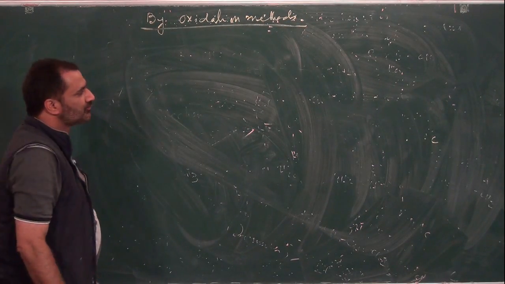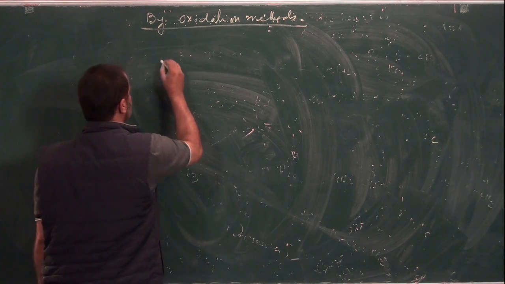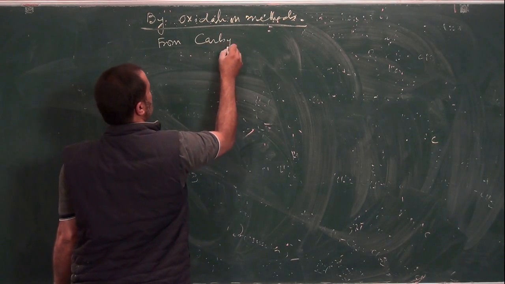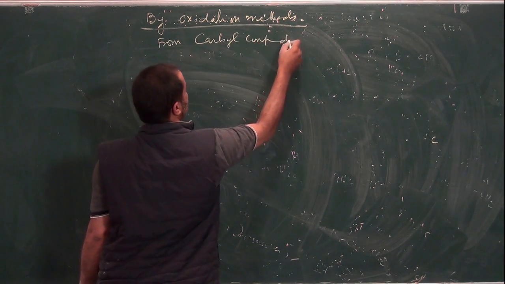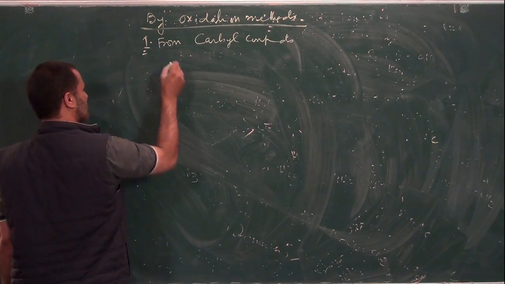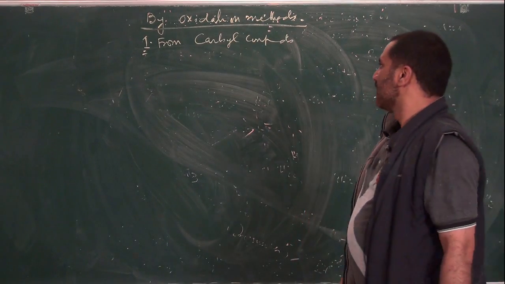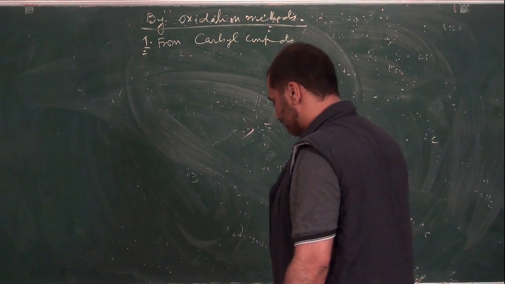Number 1, from carbonyl compounds. Carbonyl compounds can be reduced to alcohols.